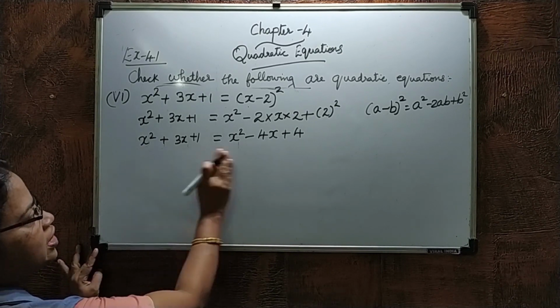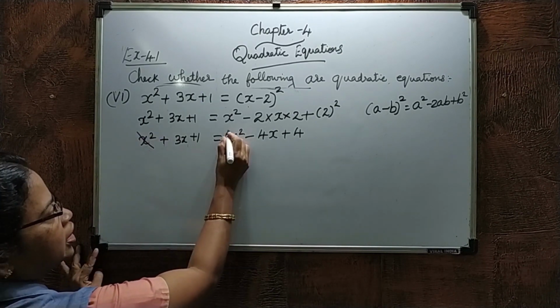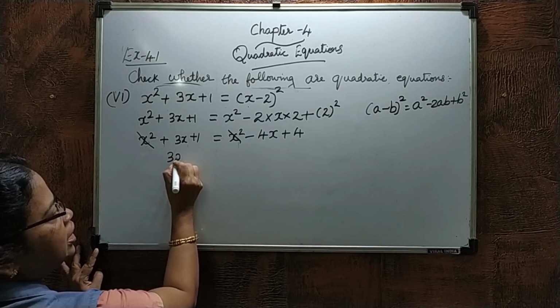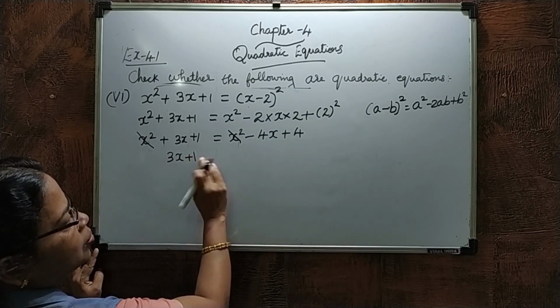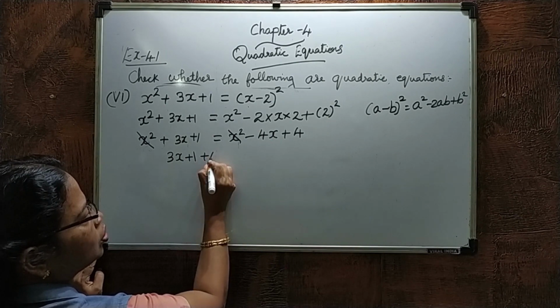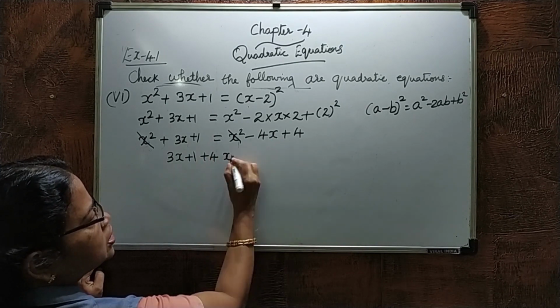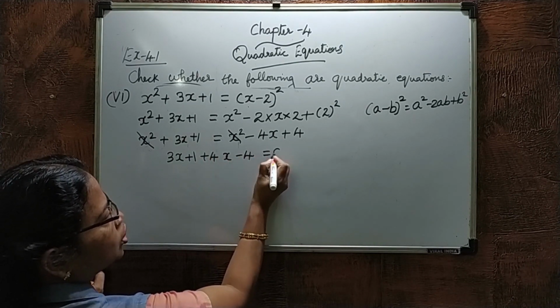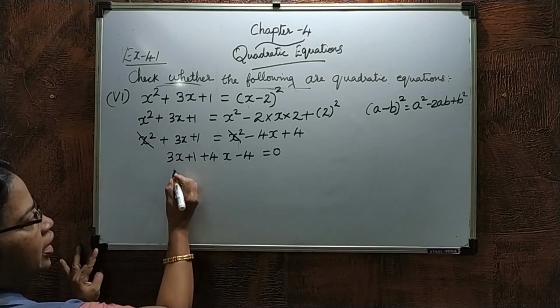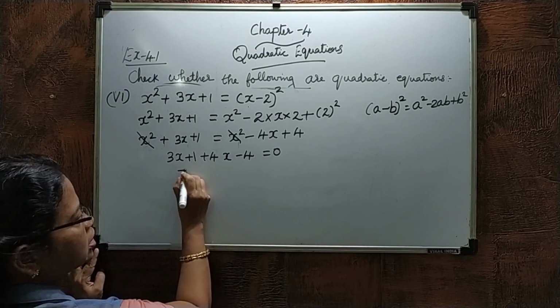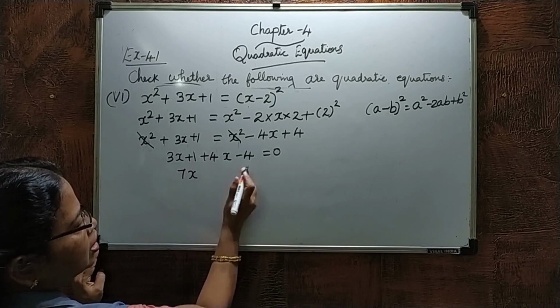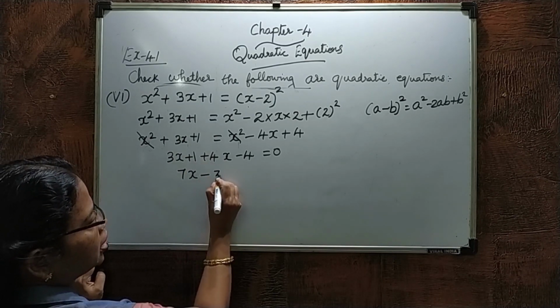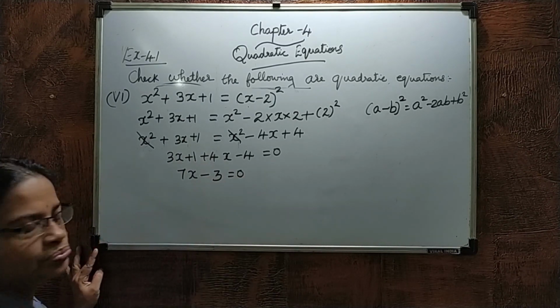So here x square is there, x square is there. We can cancel. Balance 3x plus 1, then minus 4x come to here, it will be plus 4x, plus 4 becomes minus 4 equal to 0. Then take like terms: 3x plus 4x, 7x, plus 1 minus 4, it is minus 3 equal to 0.